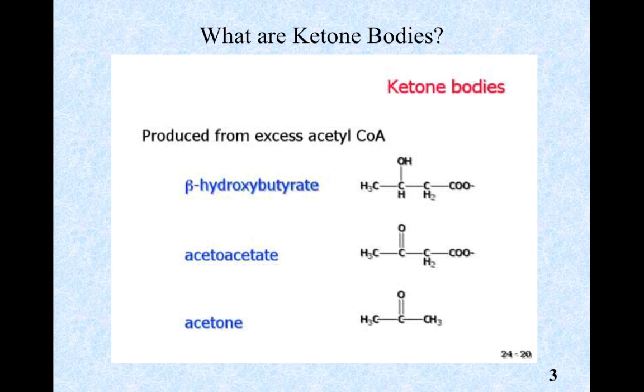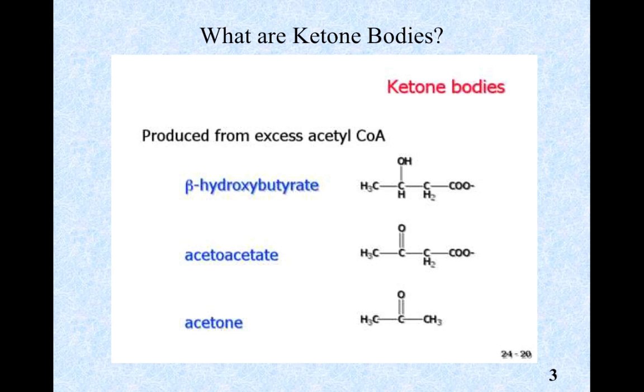So if you have beta-hydroxybutyrate, it's converted to acetoacetate before it's used in energy pathways. So they go back and forth, but beta-hydroxybutyrate has to be converted to acetoacetate before it is used for energy production as acetyl-CoA.